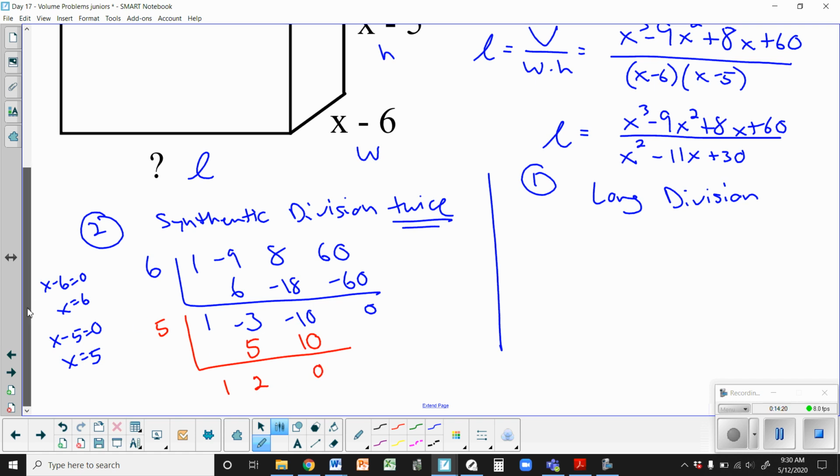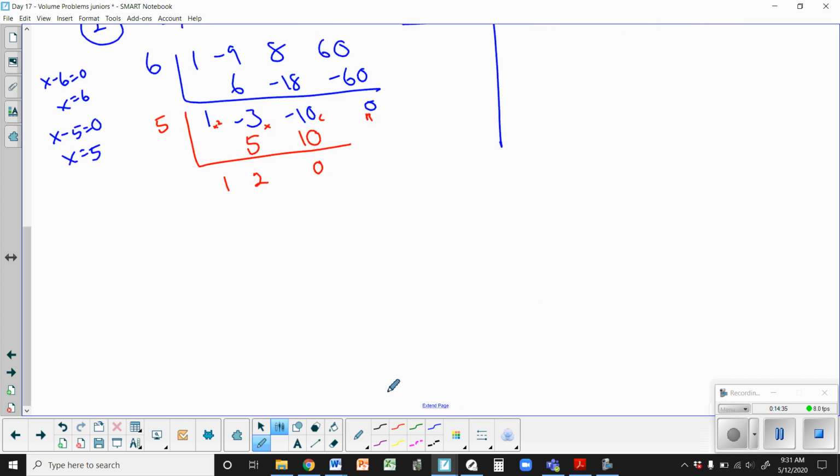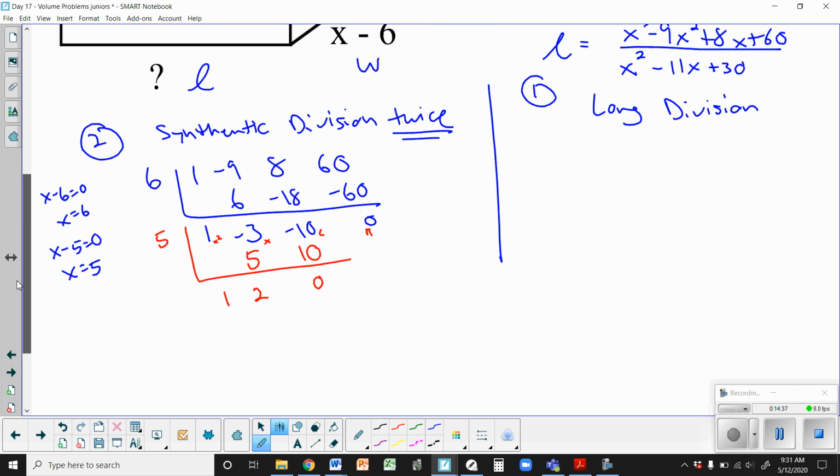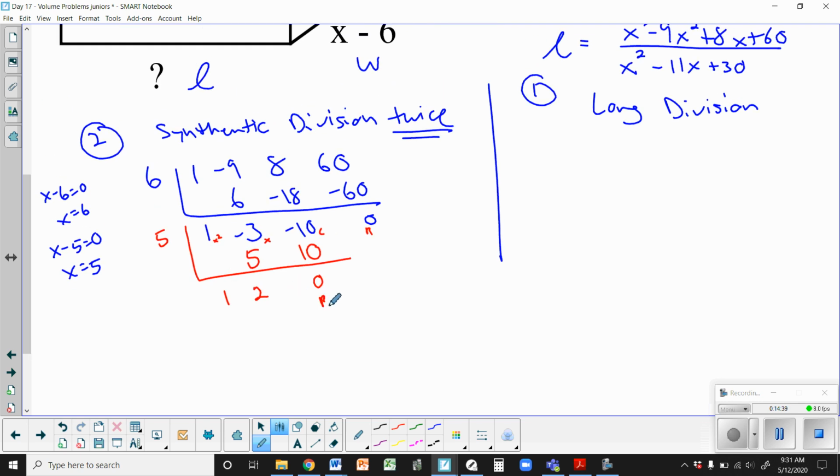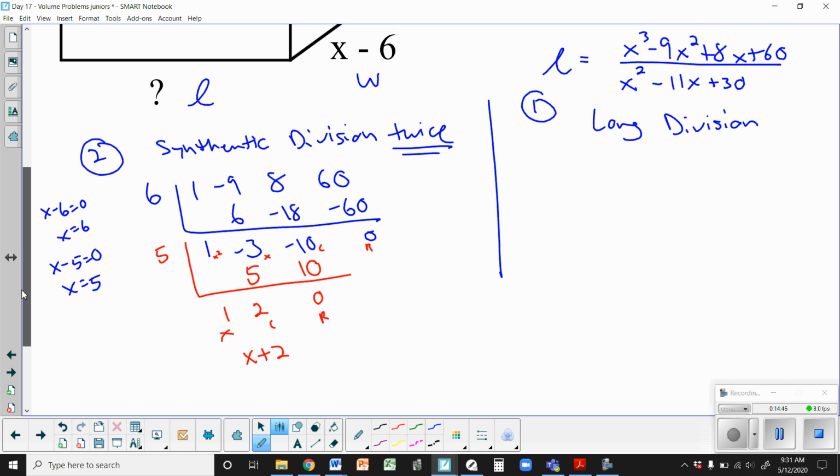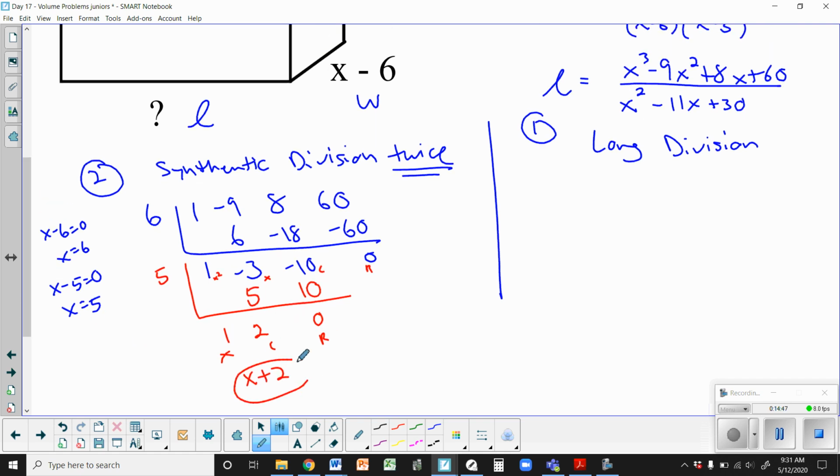So remember, first what we did, this was the remainder constant x squared, and then we divided again, and now this is our remainder constant x, so it's really x plus 2.